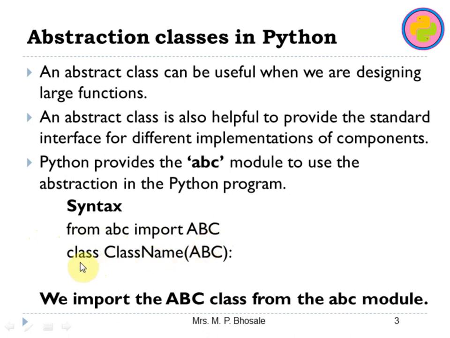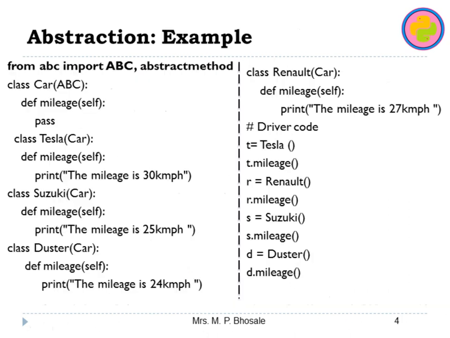Then whatever class we want to make an abstract class, we just inherit this ABC class in that new class. So when you write the class name and in parentheses this capital ABC, this class becomes the abstract class. In short, we import the capital ABC class from the small abc module.